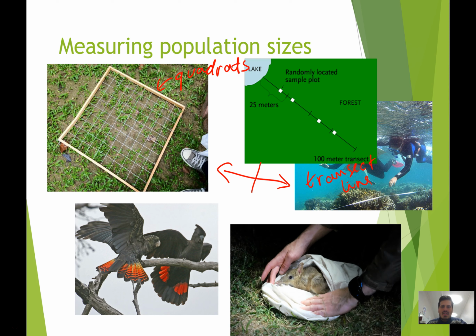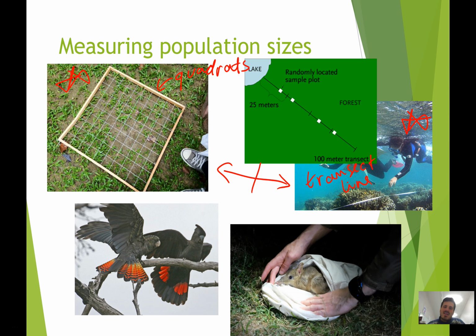These are very scientific methods, both quadrats and transect lines, of measuring populations, but this isn't always possible. A great example of this is the red-tailed black cockatoo, where pretty much what I did is I had to drive through Durham State Park, and every 50 meters I actually had to stop, turn my car off, and just listen for red-tailed black cockatoos.